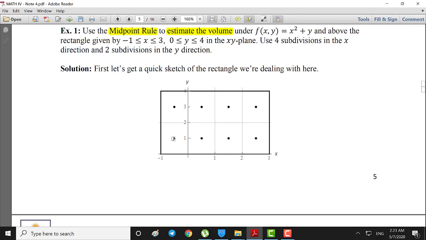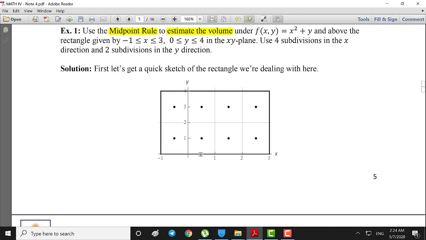These points that you see in bold black are the midpoints of these smaller rectangles. Now, the coordinates for these points are very easy to acquire. For this midpoint, the coordinates are -1/2 and 1.